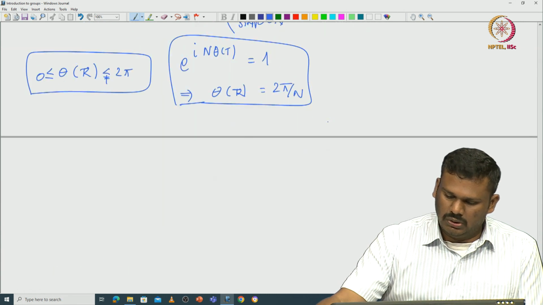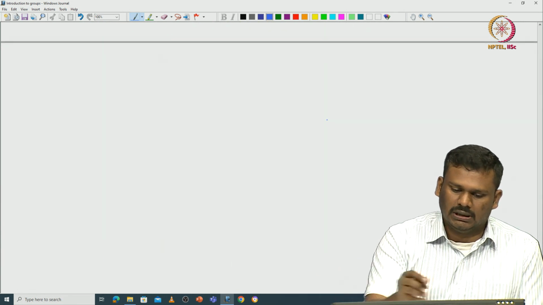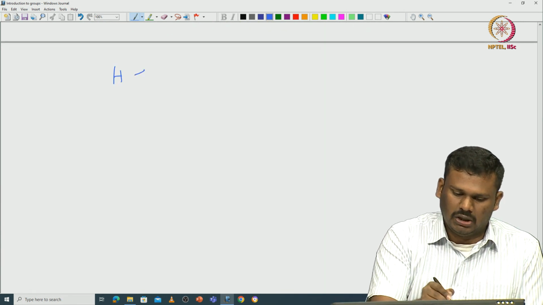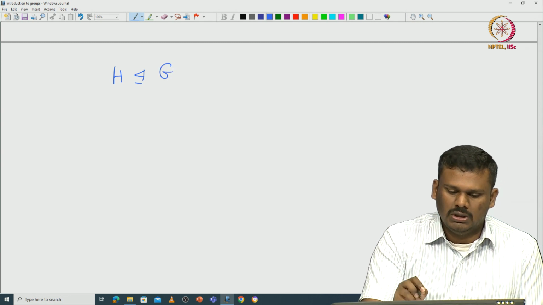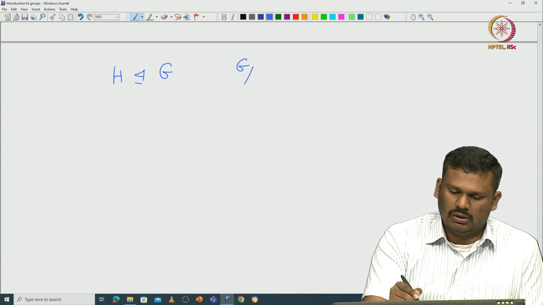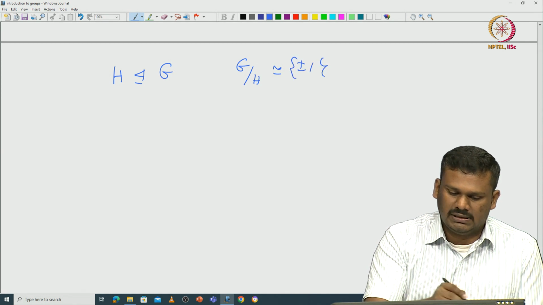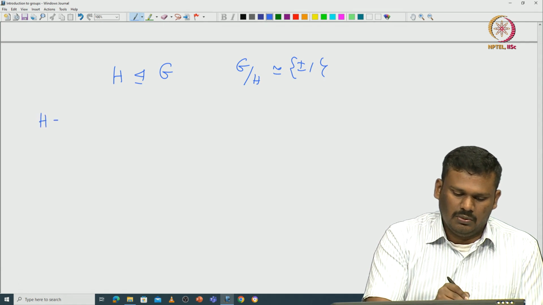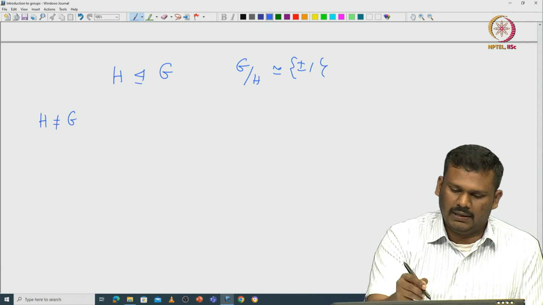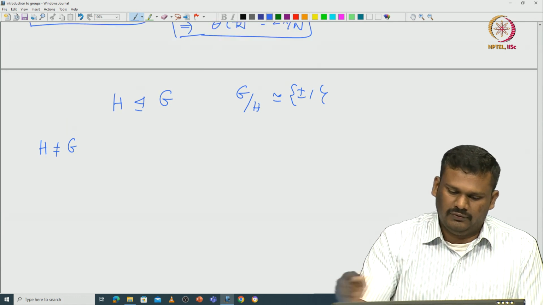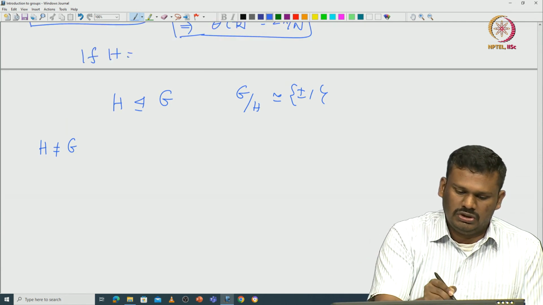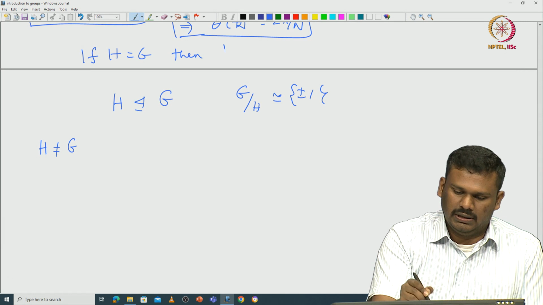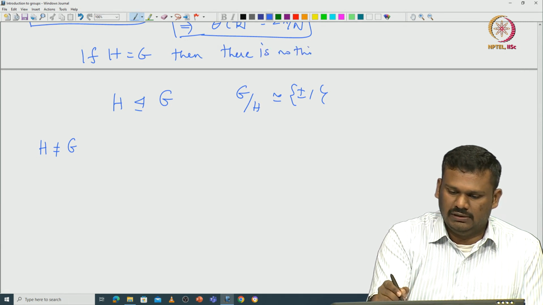So now you can see that H is nothing but the kernel of the determinant. So H is a normal subgroup of G. Now, G modulo H is isomorphic to plus or minus 1 if H is proper in G. If H equals G, then there is nothing to prove, nothing more to see.